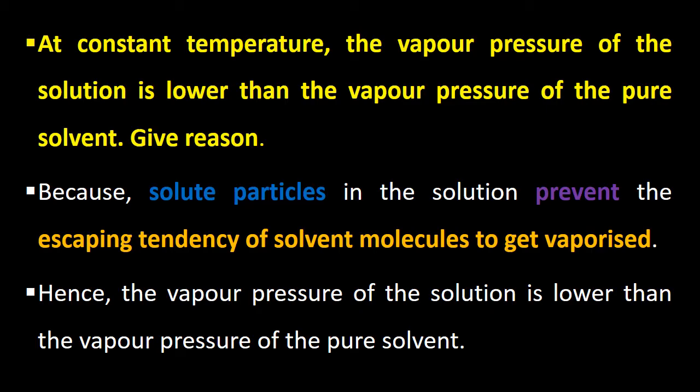Hence, the vapor pressure of the solution is lower than the vapor pressure of the pure solvent. That means the presence of solute particles hinders the escaping nature of solvent molecules to get vaporized. Hence, the vapor pressure of the solution is always lower than the vapor pressure of the pure solvent.